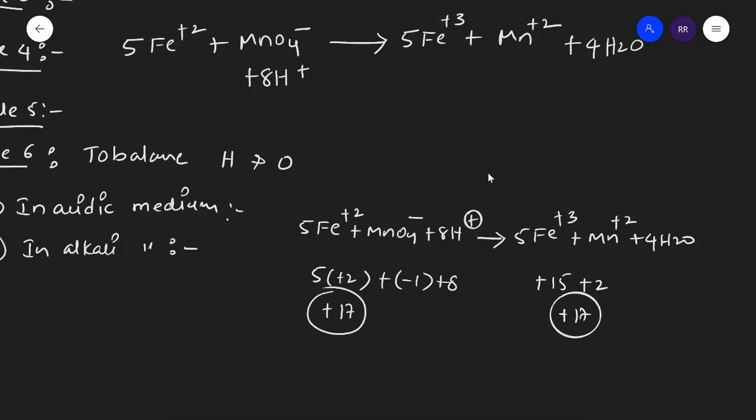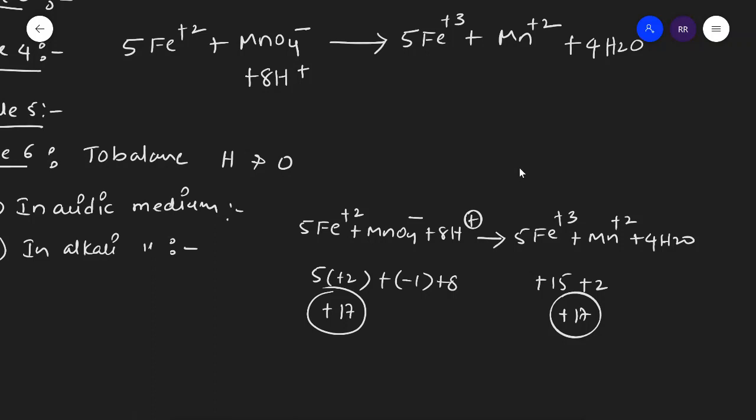So charge gets balanced and each kind of atom gets balanced. So it is our balanced net equation with respect to charge and with respect to atoms, not with respect to mass. Got it? It is our final balanced equation with respect to charge as well as with respect to atoms.